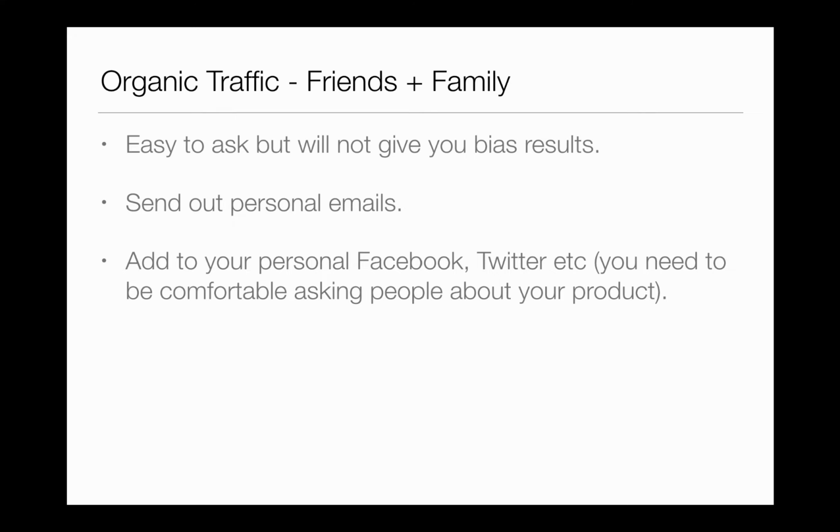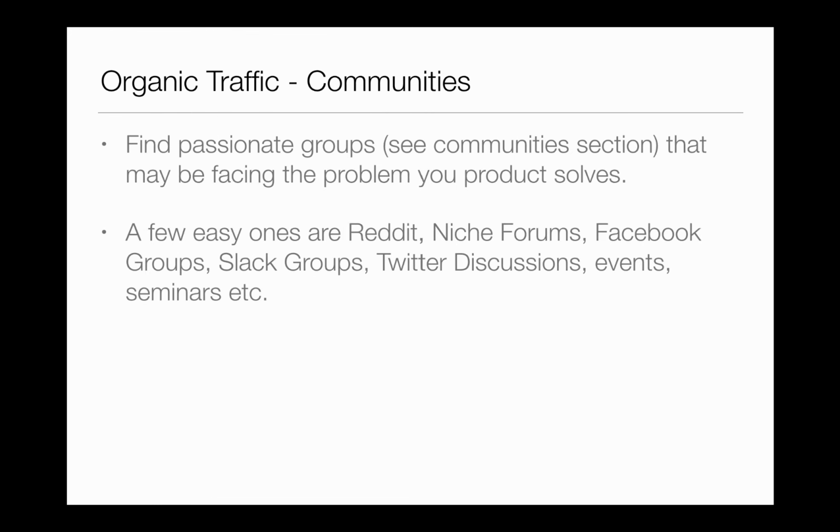You can find all of these people online, LinkedIn, all sorts of places. If you've got a Facebook page, or a personal Facebook, Twitter, whatever it is, ask your current followers if they're having this problem, or if they know anybody who is. Just put the post out there, say, tag anyone who's got this problem, or tag anyone who has an opinion, that sort of thing. So there's a few ways that you can generate some organic results.